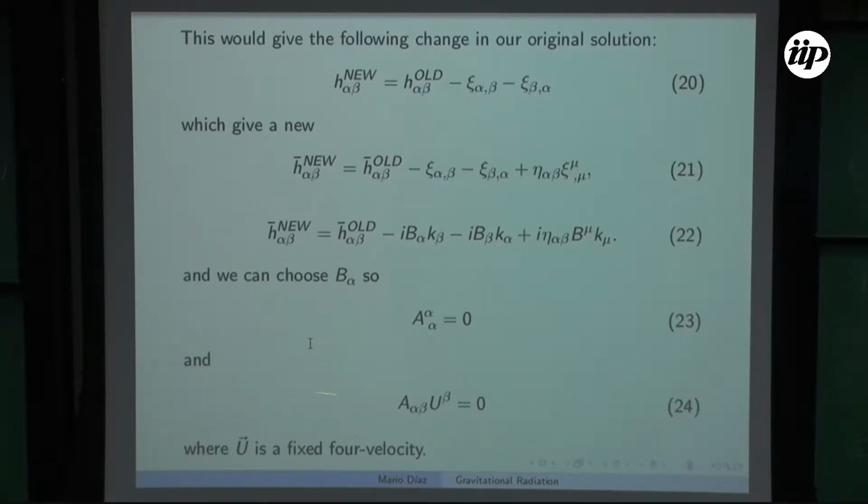Also, we'll see that for a given velocity, this A alpha alpha is going to be orthogonal. And the other equation essentially is going to give us that it is also orthogonal to the vector of the wave propagation.